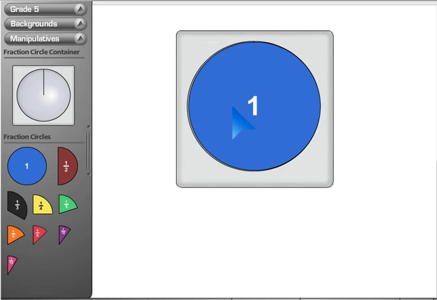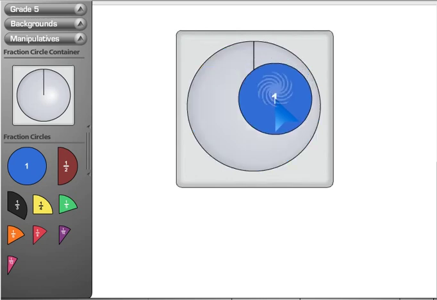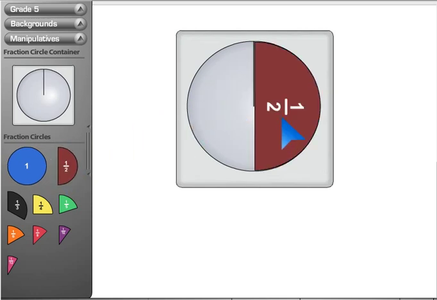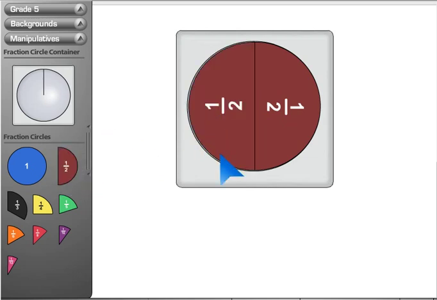Now we can divide the circle into two halves. We can, for example, take one half, and another half.